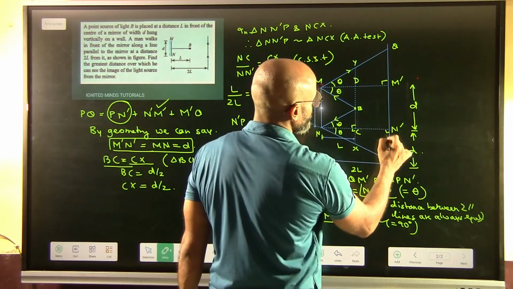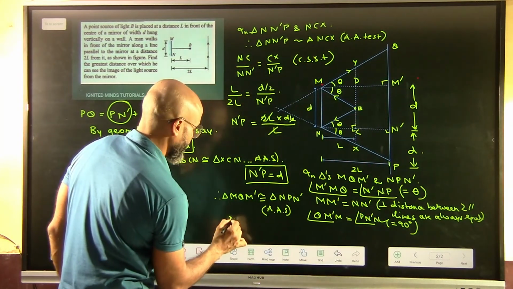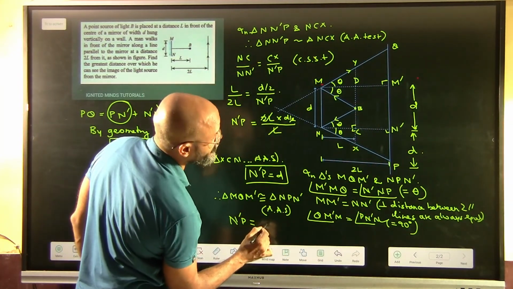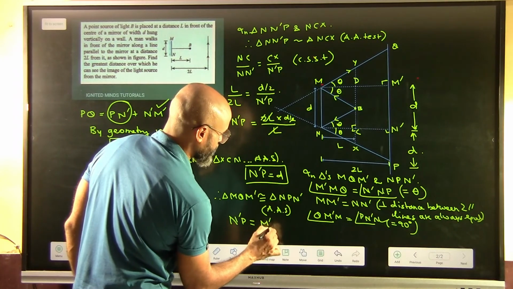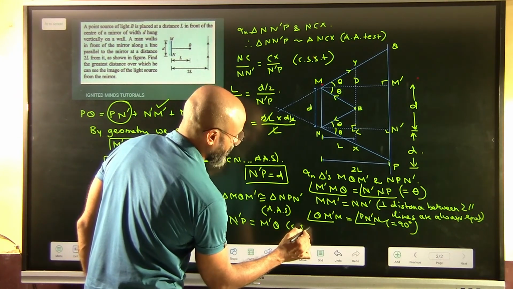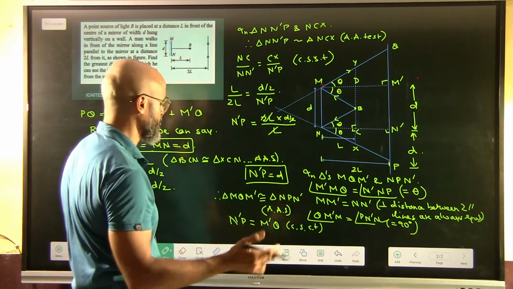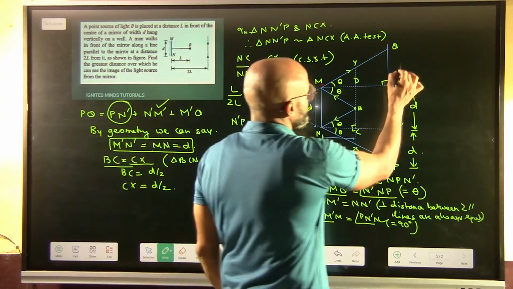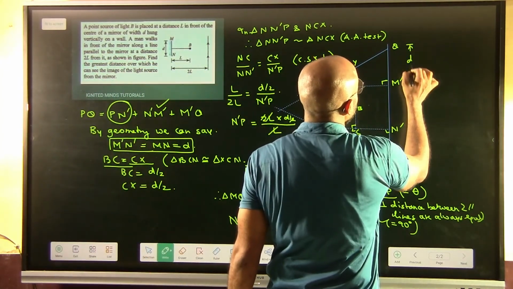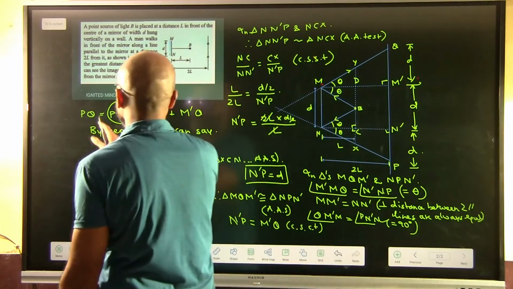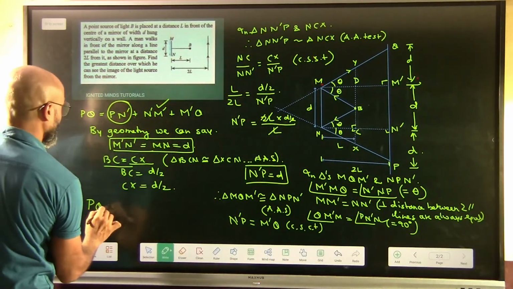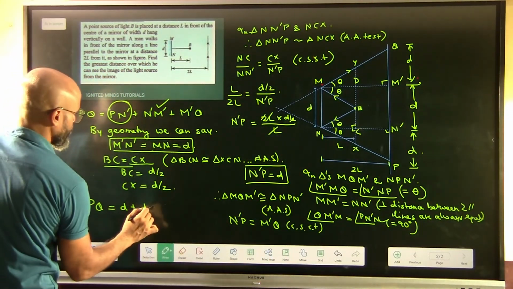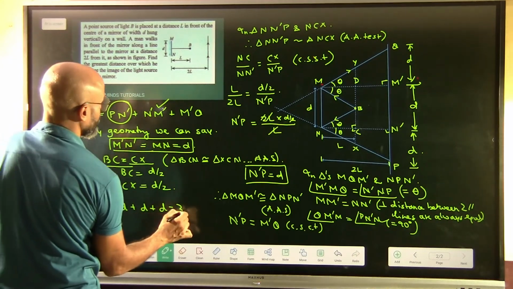So obviously N dash P will be equal to M dash Q, corresponding sides of congruent triangles or CPCT. So this will obviously be D. So the entire PQ distance will now be equal to D plus D, and that's going to be 3D.